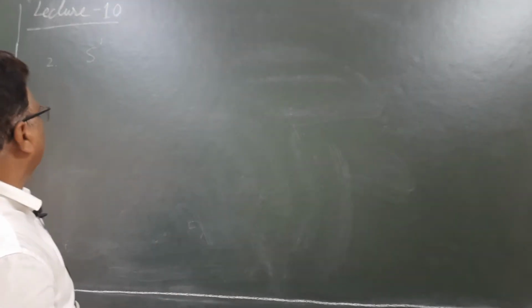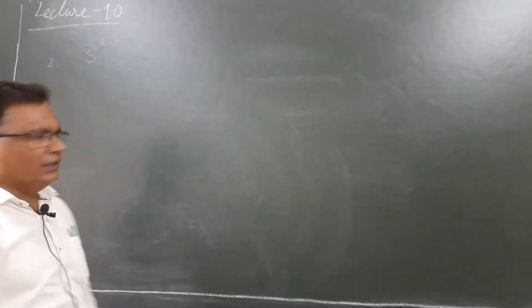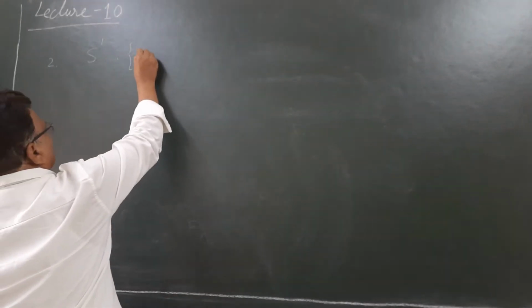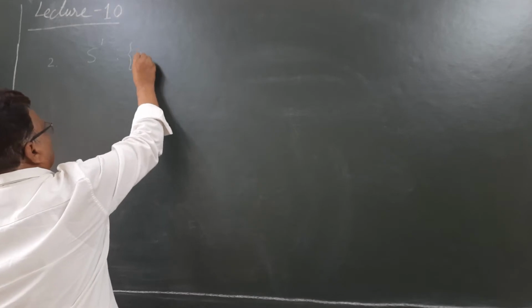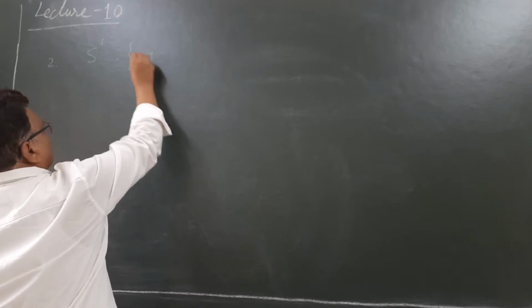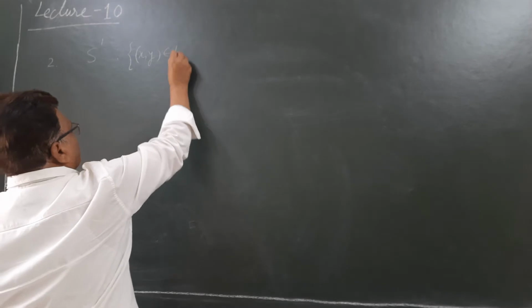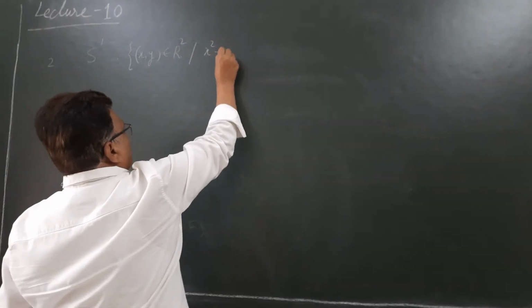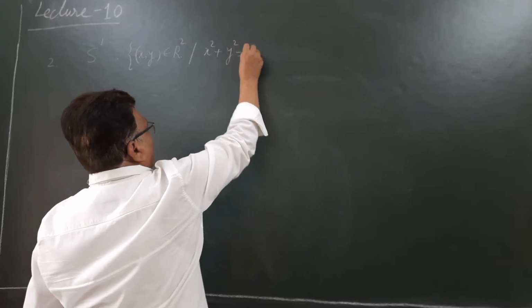Now I will show that both of them are differentiable. Let me start. S1, as you remember, is the set of all points in R2 such that x square plus y square equals 1.